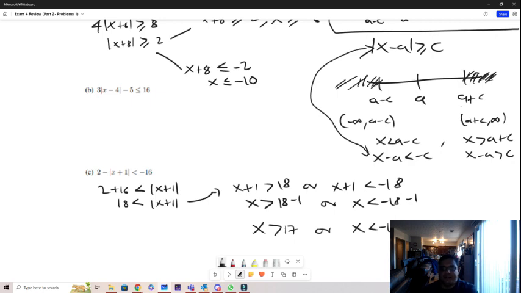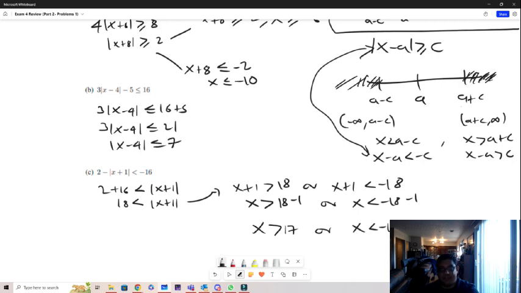Now, last we have for this particular equation 3 times absolute value of x minus 4 less than 16 plus 5. So this is 3 absolute value of x minus 4 less than 21. We can divide by 3 and we get absolute value of x minus 4 less than 7.